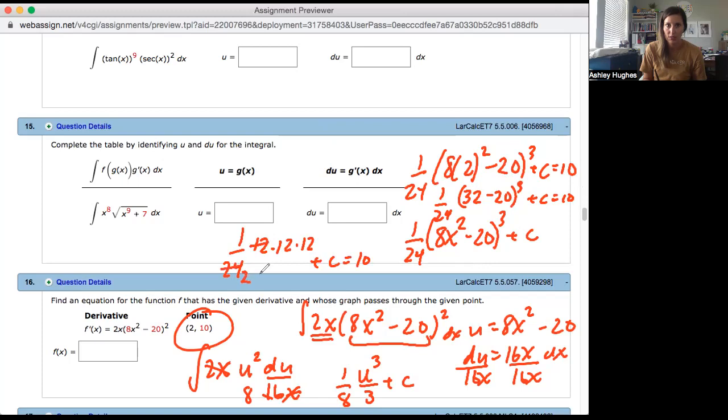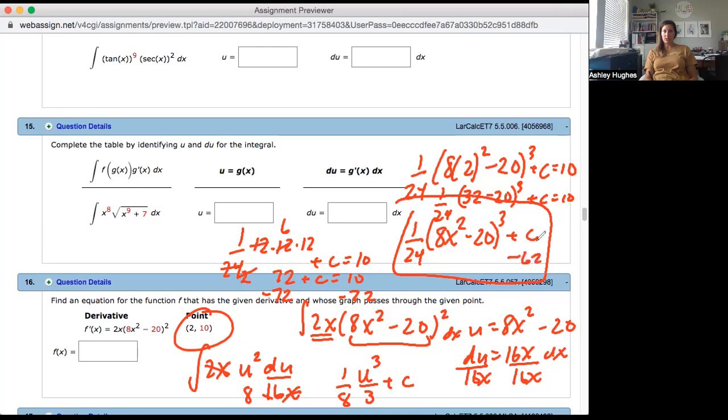So this would go in there 2 times. So 72 plus c equals 10. So subtract 72. Negative 62. So your answer is this function here with your c solved for.